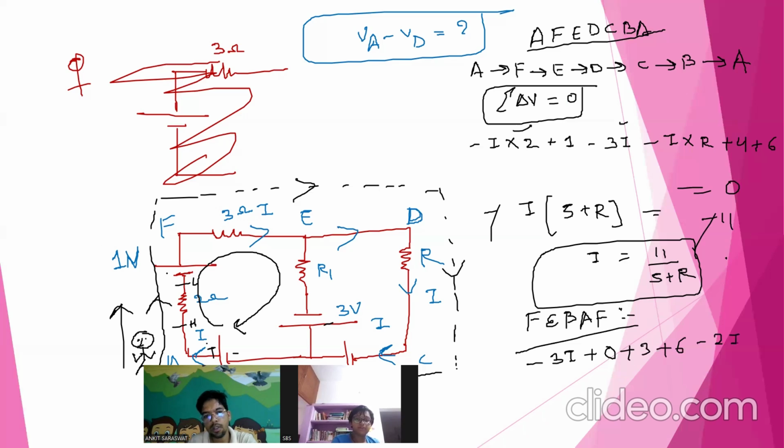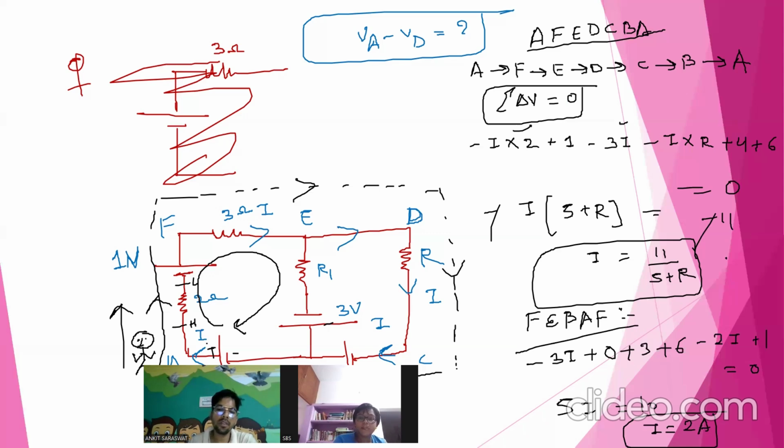Minus 2, negative to positive, plus 1, it is 0. So 3 or 2, 5I, 6 or 3, 9 or 1, 10. 5I is equal to 10, I will be what? 2 ampere. Clear? Understood?